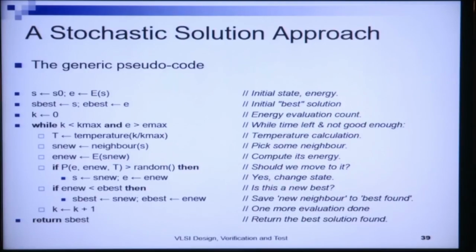S equals S new and E equals E new, and now S and E become my new current solutions. After this, if E new is less than E best, then I have a better solution than the current best that I have. So I need to update S best and E best, and then I go to the next iteration.